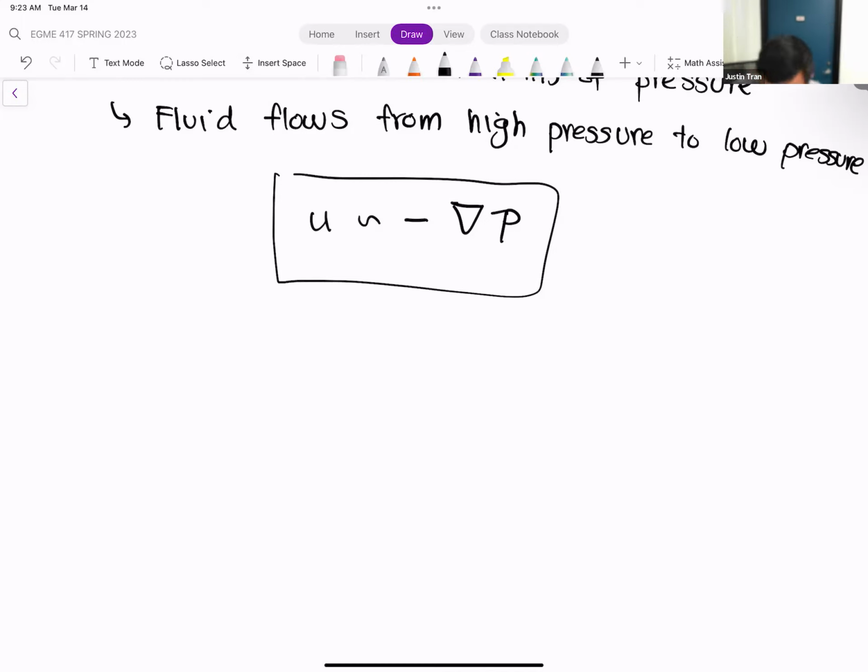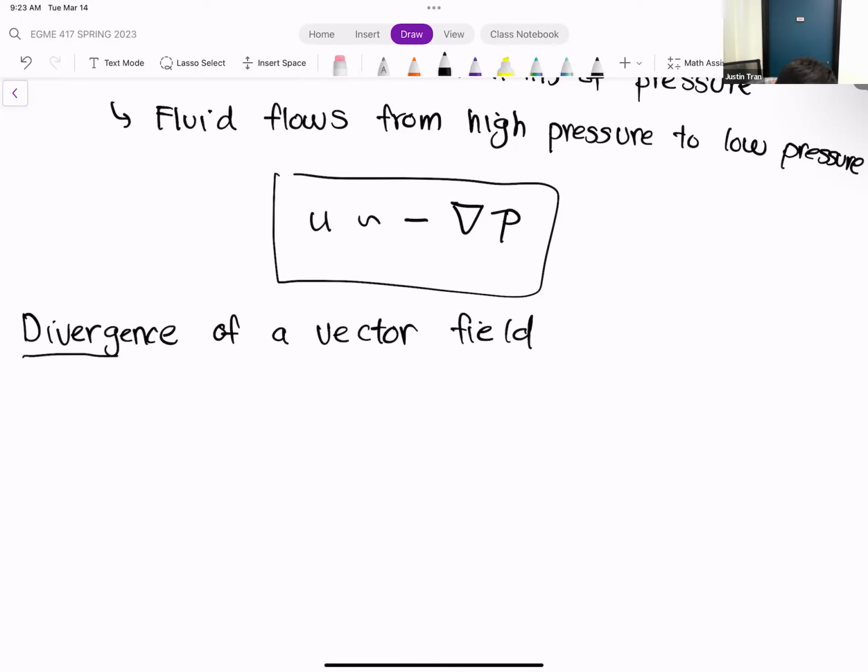So let's start with the divergence. So the divergence, notice here that we're taking a divergence of a vector field.